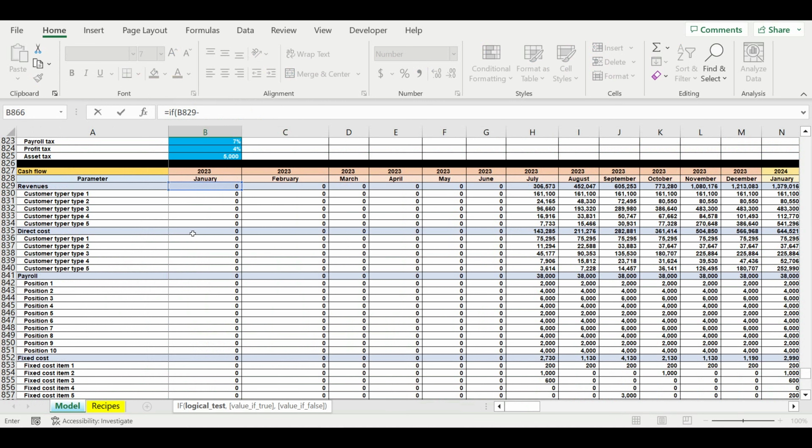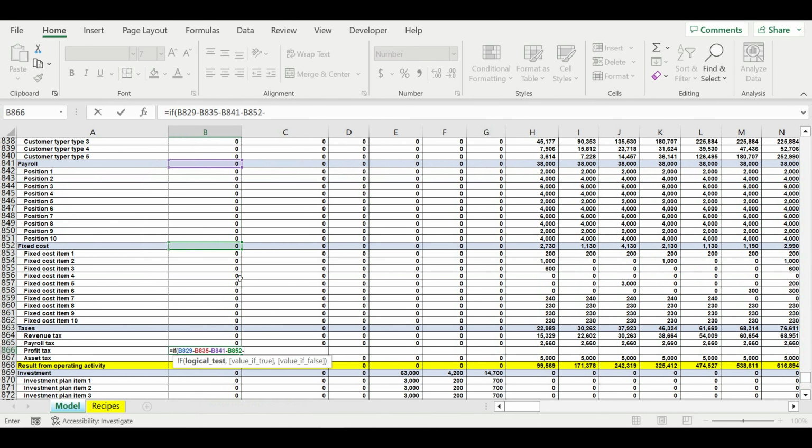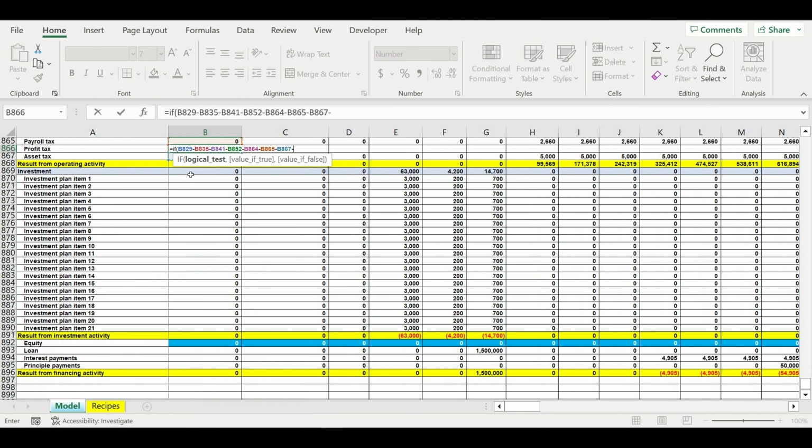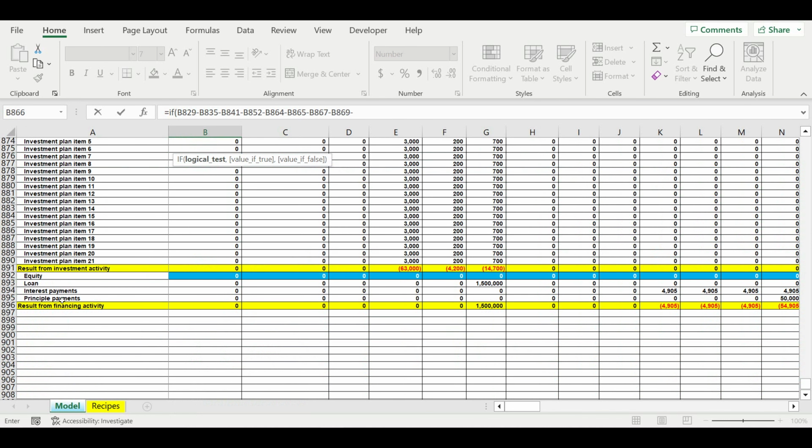So if the revenues minus direct costs minus payroll minus fixed costs minus revenue tax minus payroll tax minus asset tax minus investment minus interest payments minus principal payments.